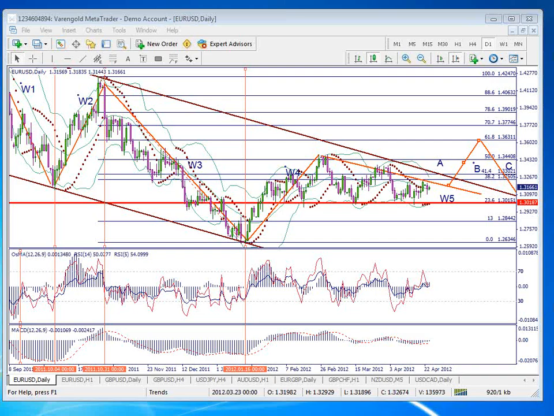Somebody asked me if I will go also on GBP. I will go. I think that it's better to finish with euro dollar first, also with small time frames. And we will go also on GBP and the other pairs if we have enough time.